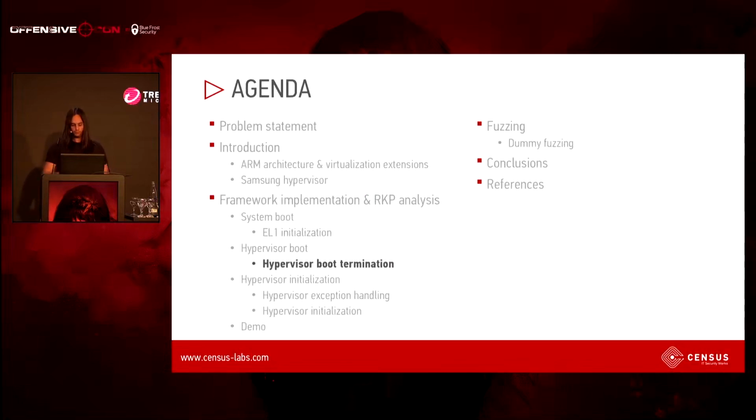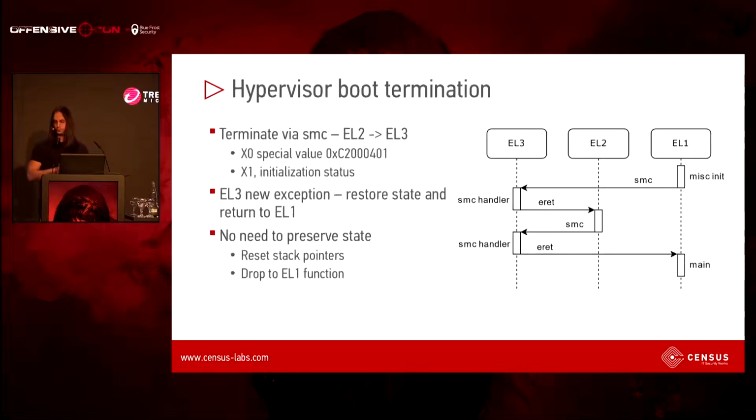So the hypervisor has been bootstrapped and terminates the bootstrap process. RKP terminates via SMC, effectively going from EL2 to EL3. The X0 register, which is the first argument, holds a special value to let us know that it came from the bootstrap process, and X1, the second argument, has the initialization status.